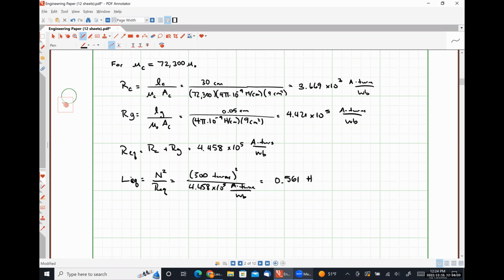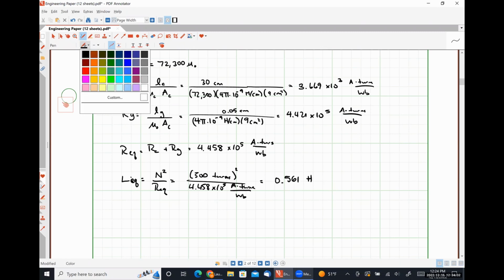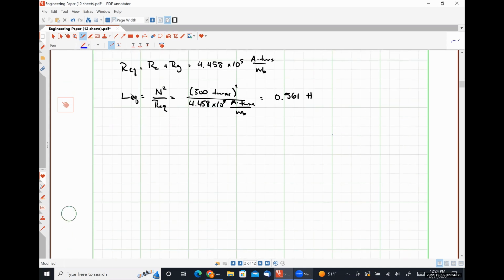So, right. In previous examples, we had a large air gap, and I say large because it was, let me do something here to explain why I'm saying that AC is approximately equal to AG.